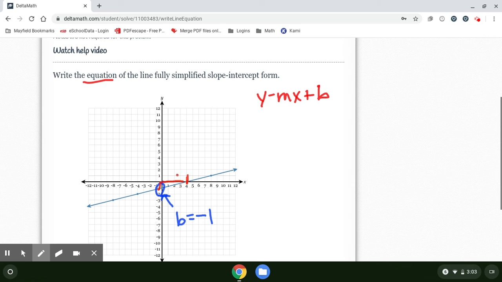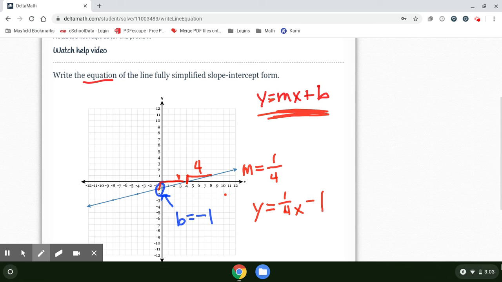You're going to notice you go up 1, right 4. So my slope in this case is up 1, right 4. So now I'm going to fill in this y equals mx plus b up here. Y equals 1/4 x minus 1, because my b is -1 in this case.